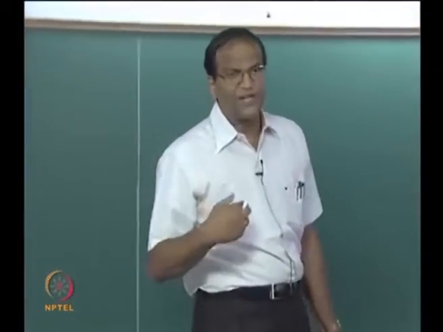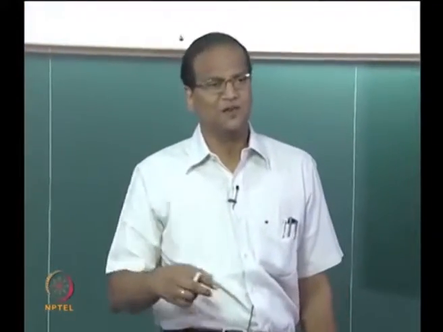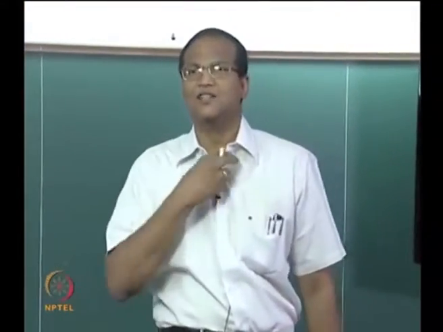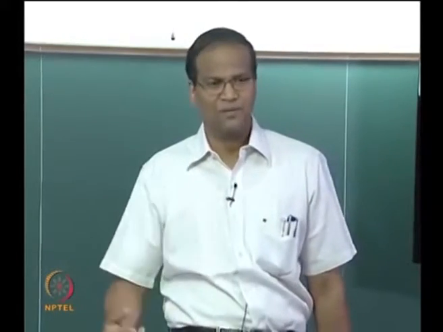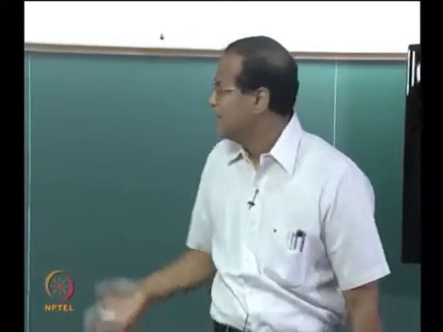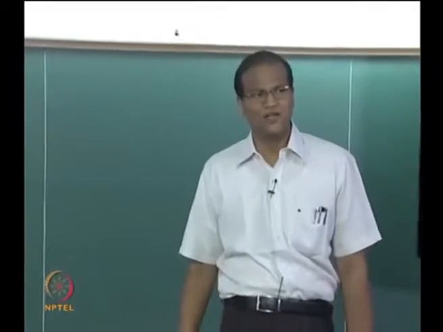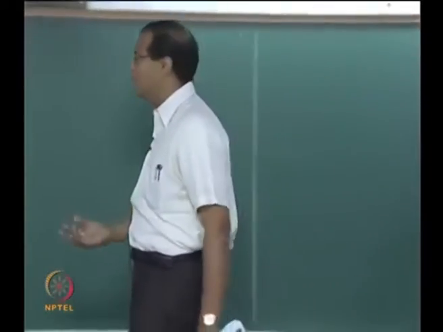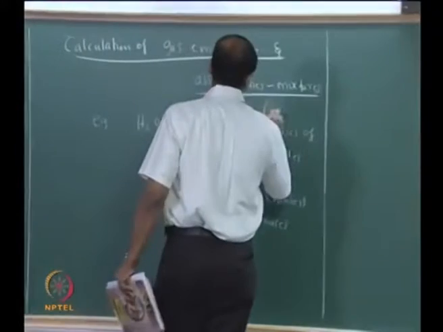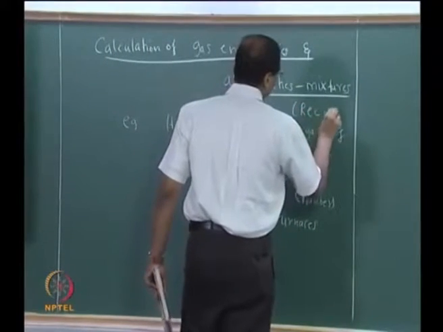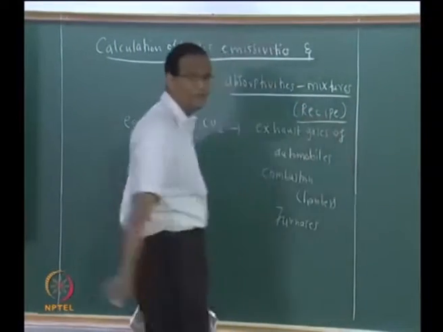But for practical purposes, practicing engineers, or if you want to have a first cut analysis or design of a combustion chamber or a furnace and so on, we do not have to do those detailed calculations. So, we want a simplified approach, what we essentially call a cookbook recipe, okay.